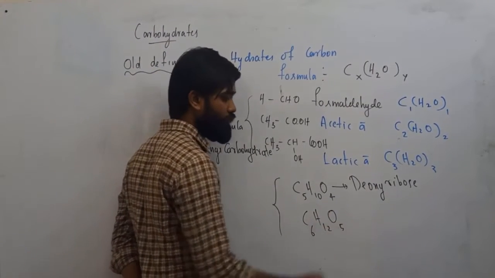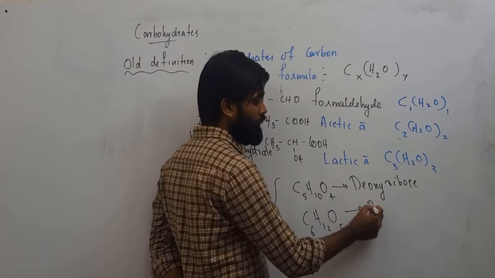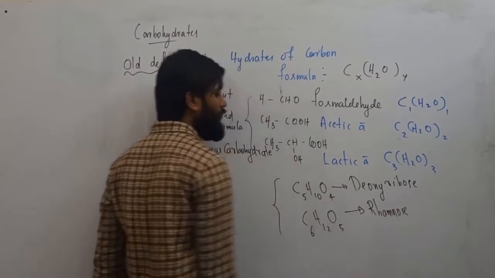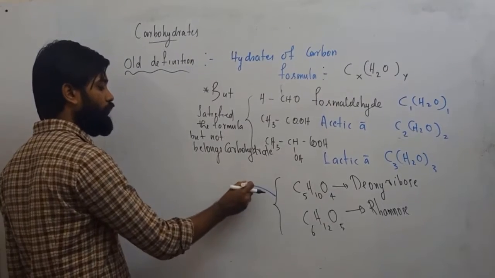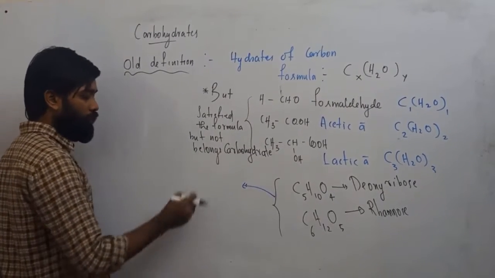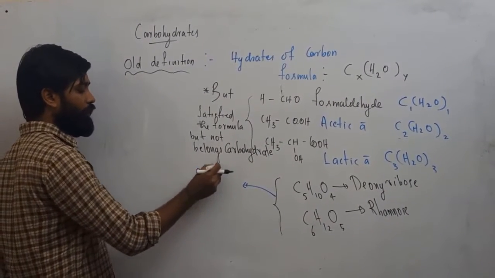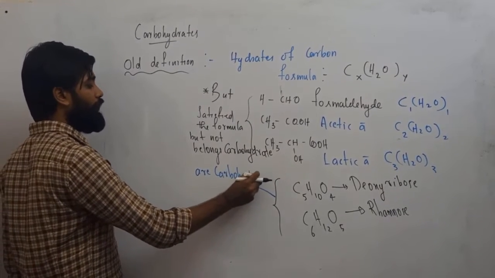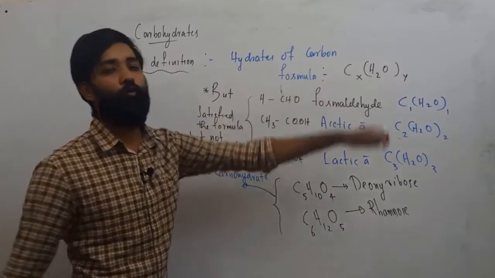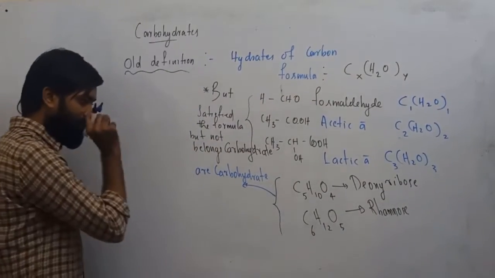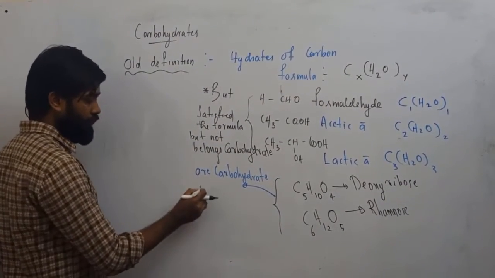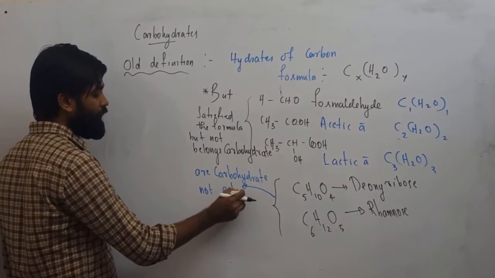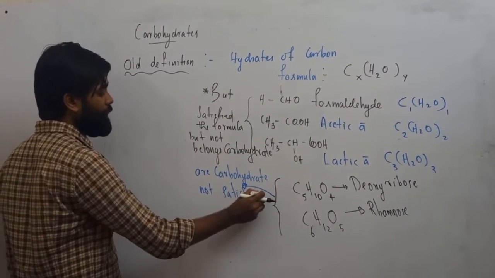Rhamnose and deoxyribose are both carbohydrates, but their formula does not satisfy the hydrate of carbon. They are carbohydrates but do not satisfy the formula.